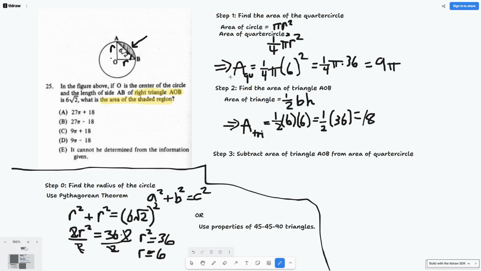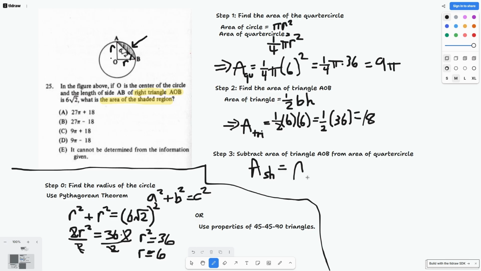Now that we finished steps 1 and 2, we can move on to step 3, which is subtracting the area of triangle AOB from the area of the quarter circle. And we're just going to combine our answers, or use the answers from both steps 1 and 2 to find the area of the shaded region. I'm going to write ASH to represent the area of the shaded region.